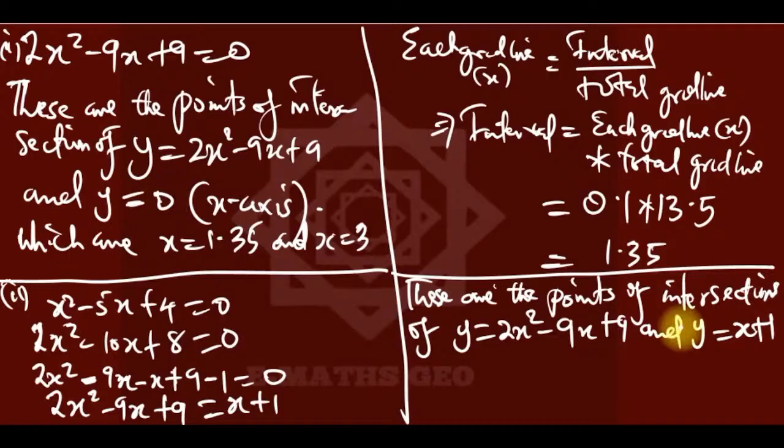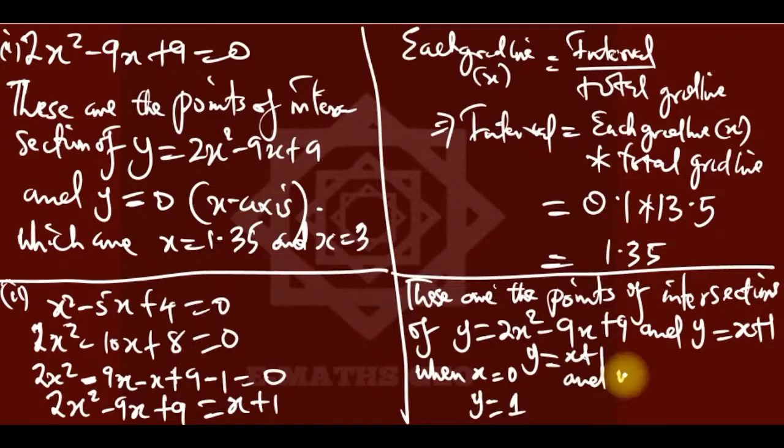So we need to plot this, but we don't need to waste time setting a table of values, because to get a particular point, when x is 0, you see that y is 1 if you substitute, and when x is minus 1, you see that y is 0. So I think once we locate this and this, we'll get y equal to x plus 1.